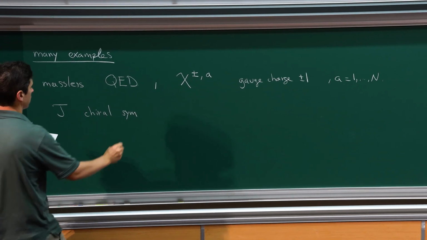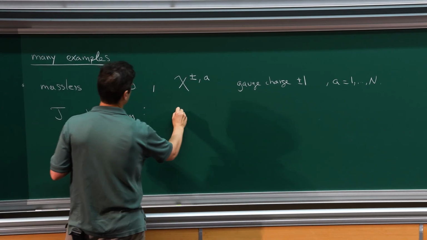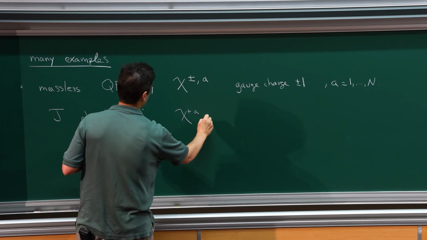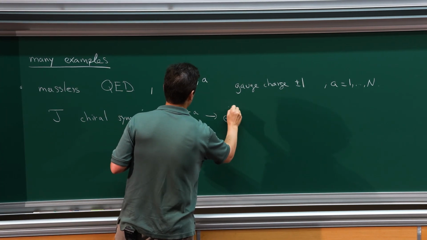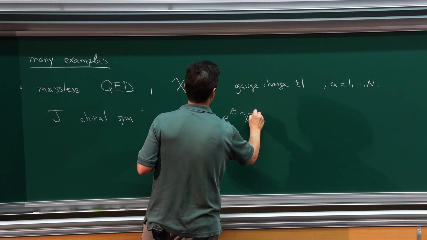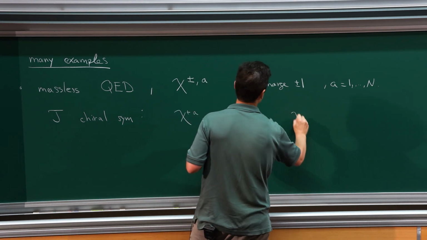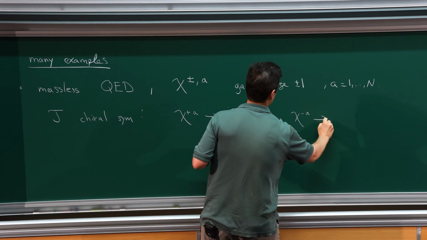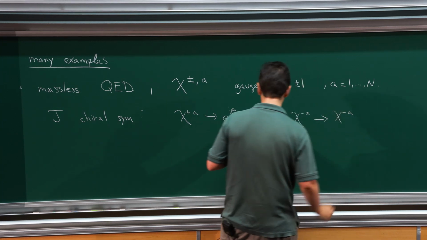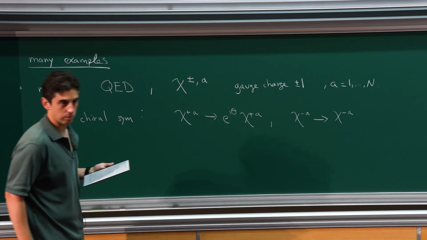Well, it's the current that sends, say, chi plus A to e to the i theta chi plus A and does nothing to chi minus. So classically, that's a symmetry of the action.